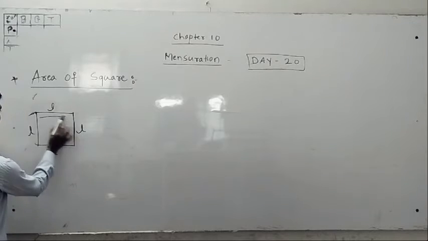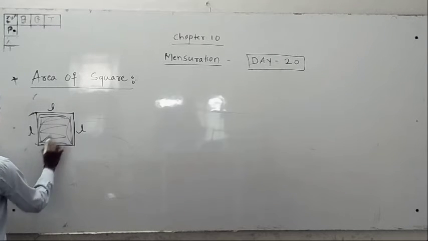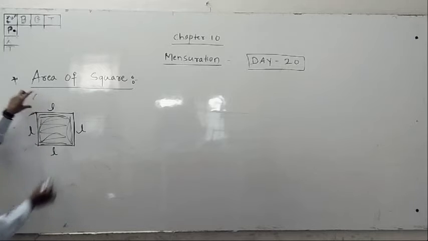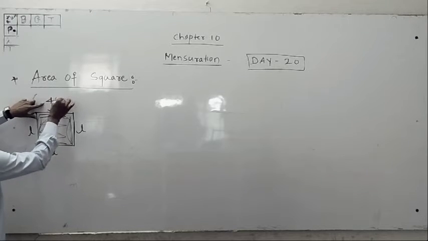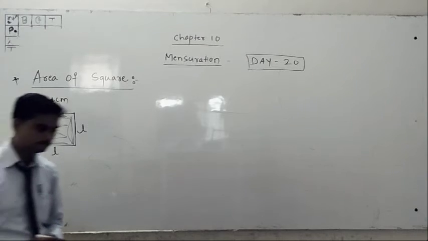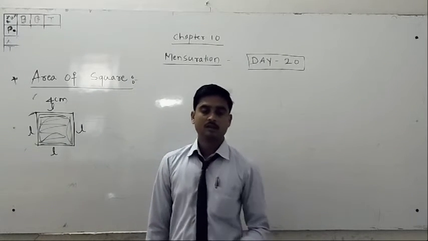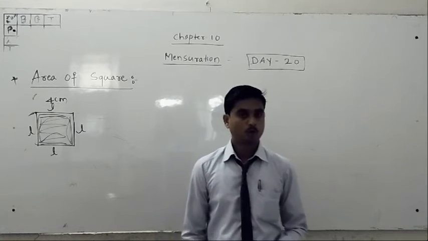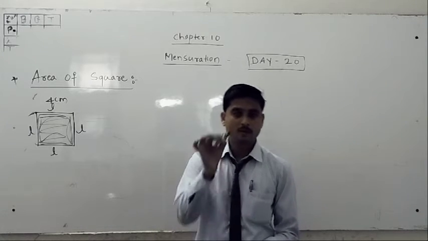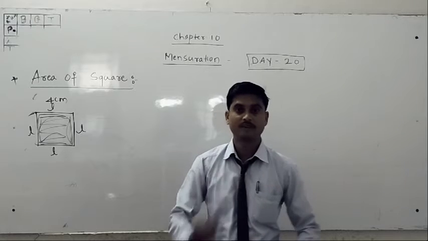This figure's area is this. Because this length is 4 centimeter, all sides should be 4 centimeter. Because a square figure means the given sides should be equal measurement, that we should call a square figure.